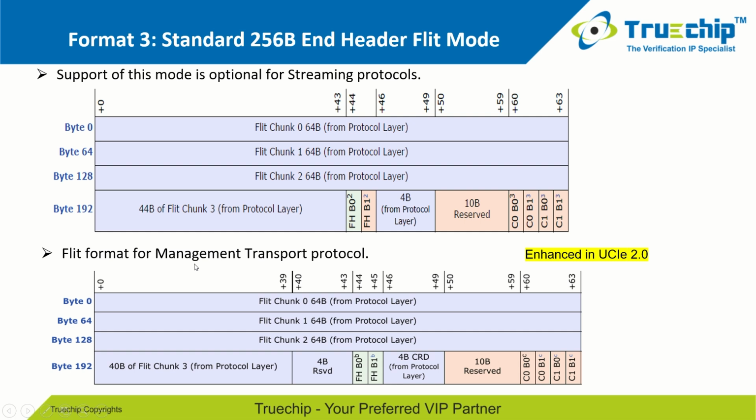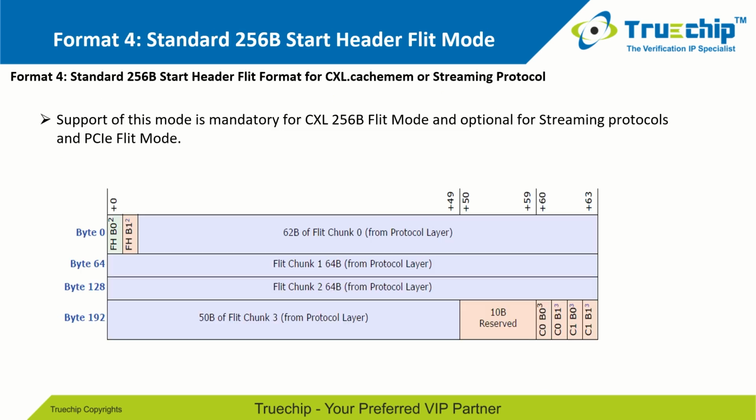Similarly, the standard 256-byte end header Flit format is also supported for streaming protocols, and there's one more protocol which is enhanced in UCIe 2.0, which is called the Management Transport Protocol. Format 4 is called the standard 256-byte start header Flit format, which is supported for the CXL 256-byte Flit mode, and it's optional for streaming protocol and PCIe Flit modes.